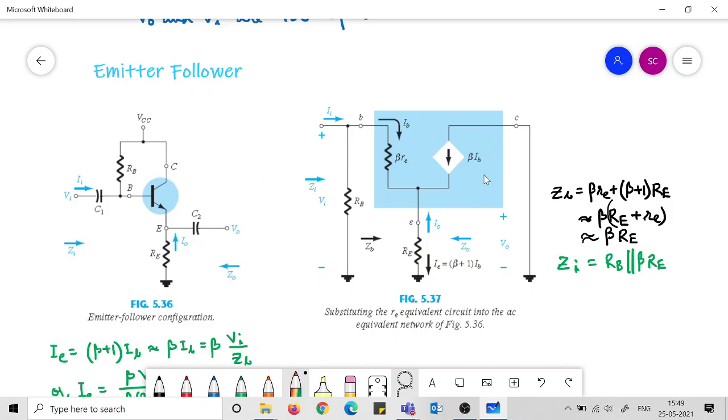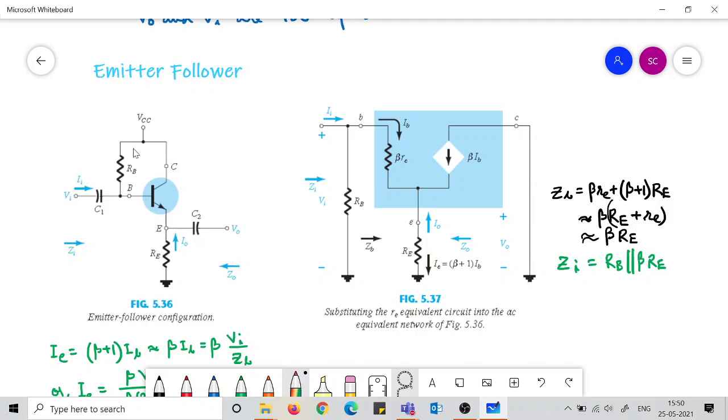The main point here is that the output voltage is not from the collector terminal. It is from the emitter terminal. And as you can see, this collector terminal gets shorted because VCC is ground. So this C is shorted here.